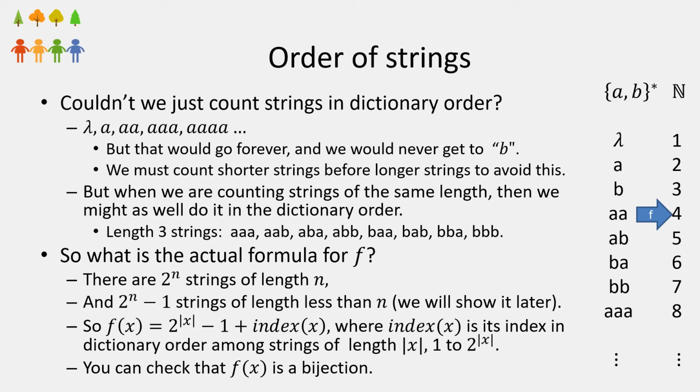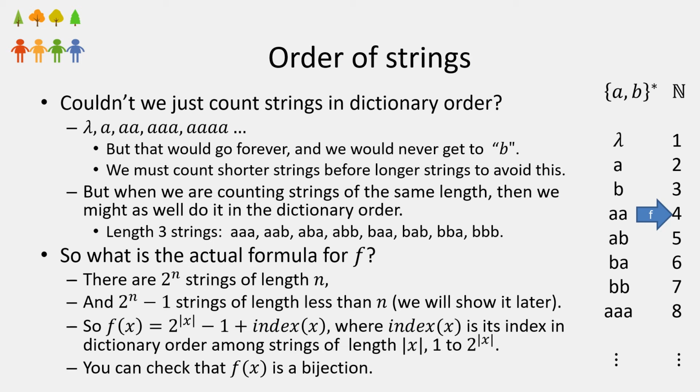So here's how you could get the actual formula for that bijection. If we look at strings of length n, there are 2 to the n such strings. And also we could show that there are 2 to the n minus 1 strings of smaller length. And we will prove this formula later. I will not put it on the slide, but you could derive it yourself.